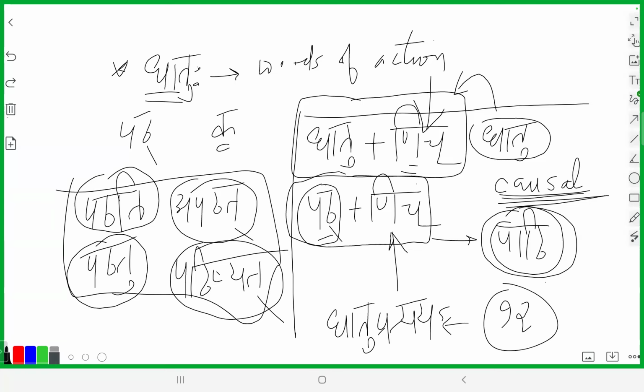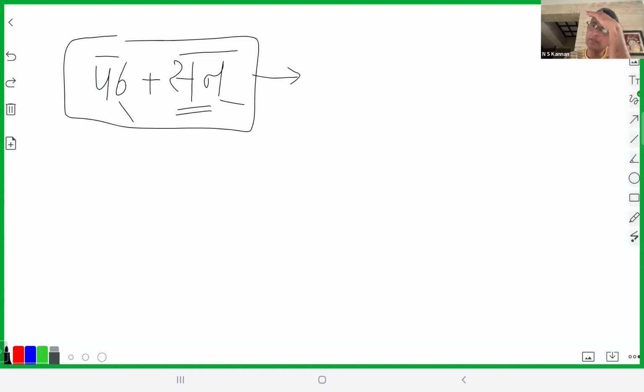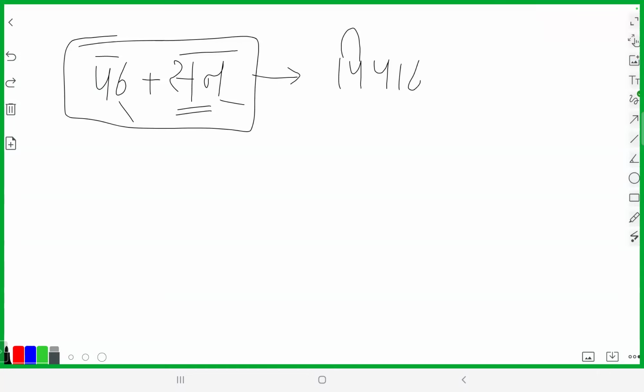Another example I can give is, you have pat, and you can add the san pratyaya. You add the san pratyaya, and now you get a new dhatu. The new dhatu is pipathisha.